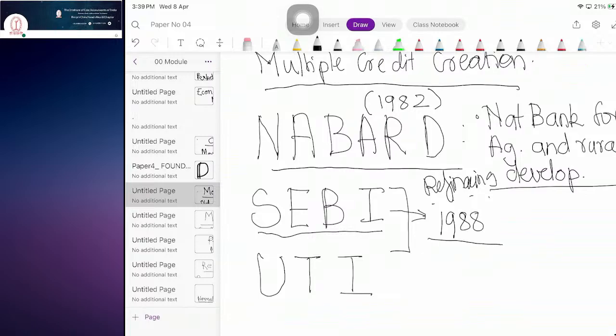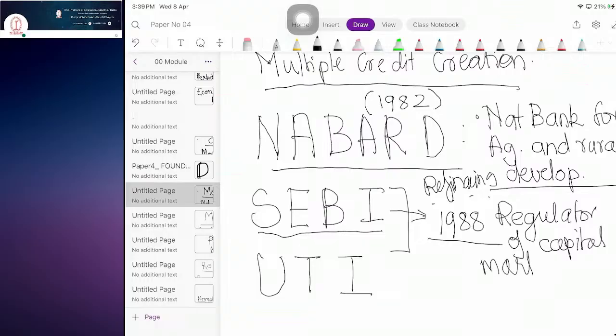Write down what it is: it is mainly the regulator of capital markets, and capital markets include the stock markets. So Bombay Stock Exchange, National Stock Exchange, brokers, sub-brokers, all of them have to comply with the rules and regulations given by the Securities Exchange Board of India. Have you all got this?